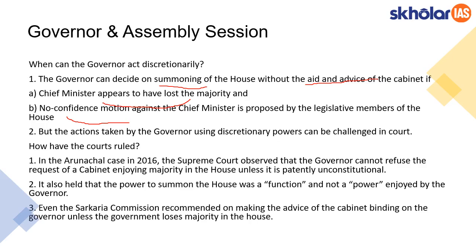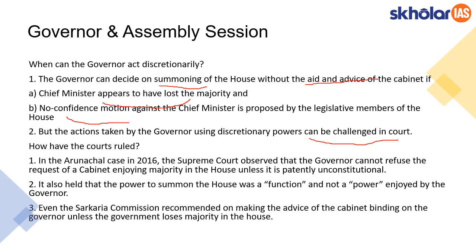But there is one aspect to it: if any action is taken by the governor using his discretionary power, then such actions can be challenged in court. This is what the provision is about, and where he can act on his discretion.